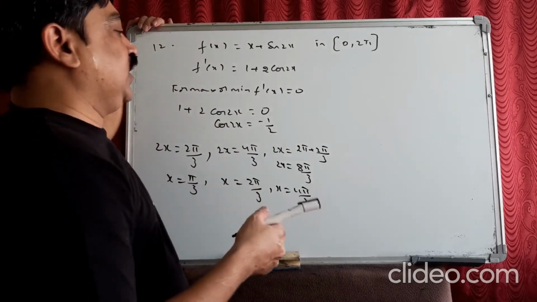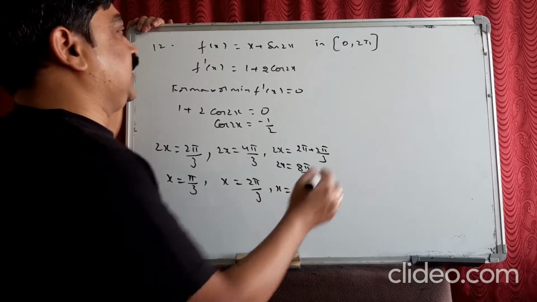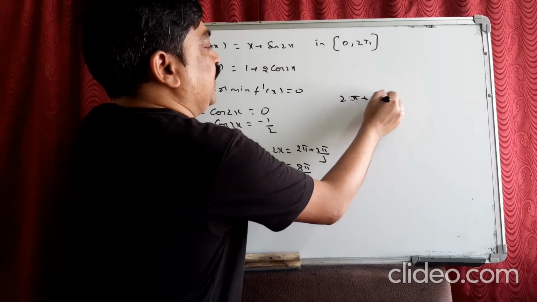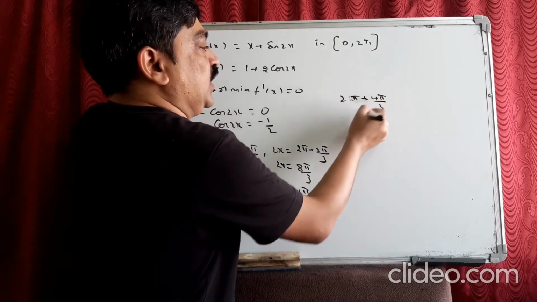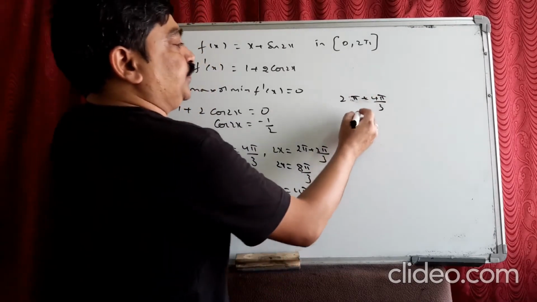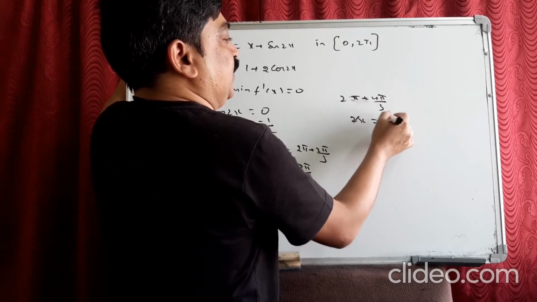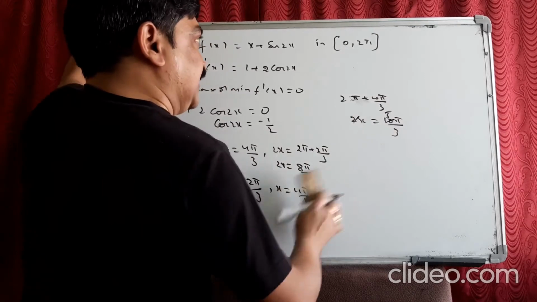Let us check for 2 pi plus 4 pi by 3. If you take the second rotation also, 10 pi by 3. So 2x is 10 pi by 3, x will be 5 pi by 3. Yes, it lies.